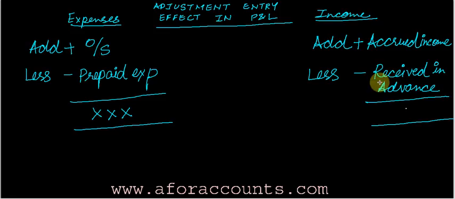Add accrued income, less received in advance, and get the final result in the outer column of the P&L.